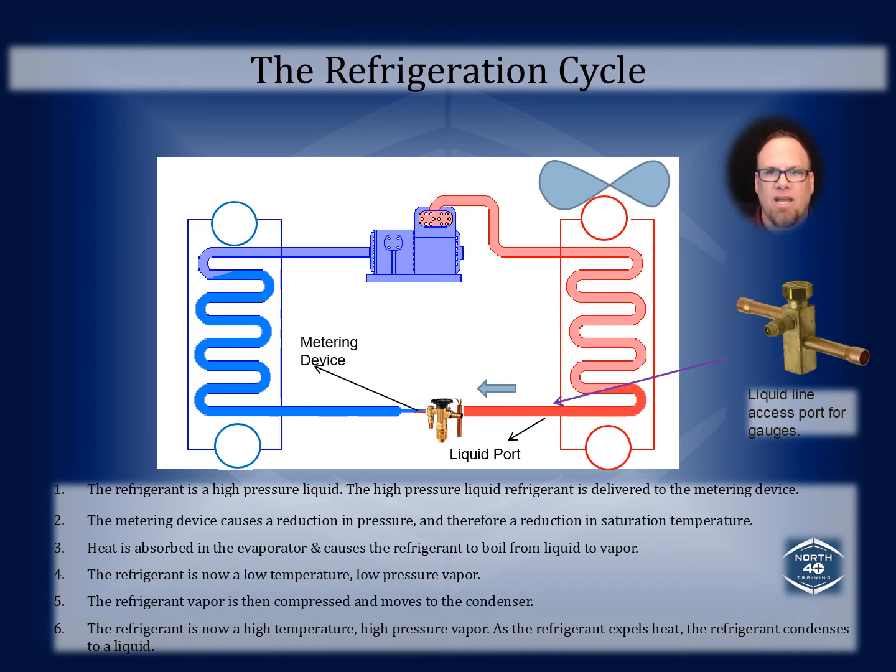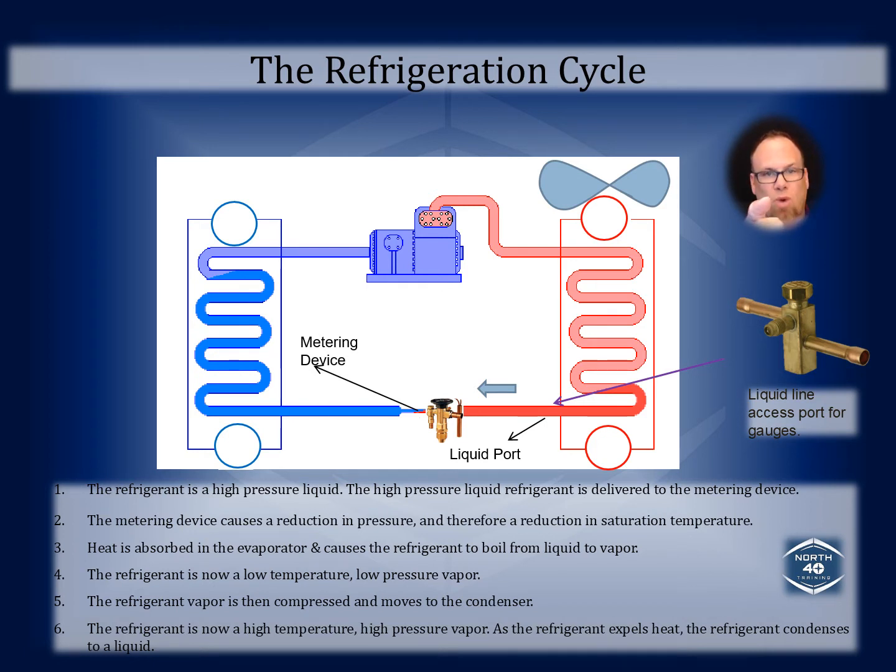The metering device dampens down the refrigerant flow from going through a 3/8 liquid line, for example, which is about the size of your pinky finger, all the way down to an opening just over the size of the head of a pin. So that's like putting your thumb on the end of the garden hose, right?